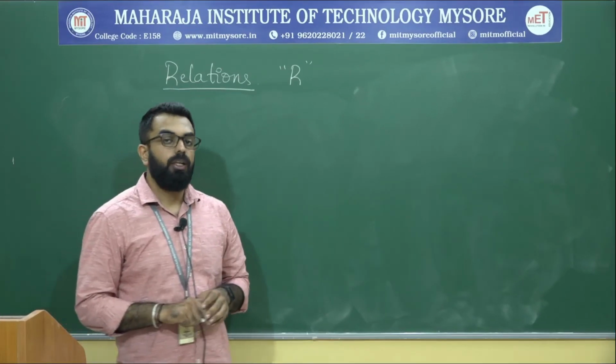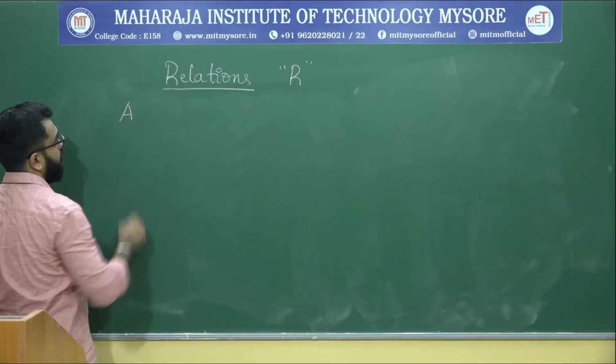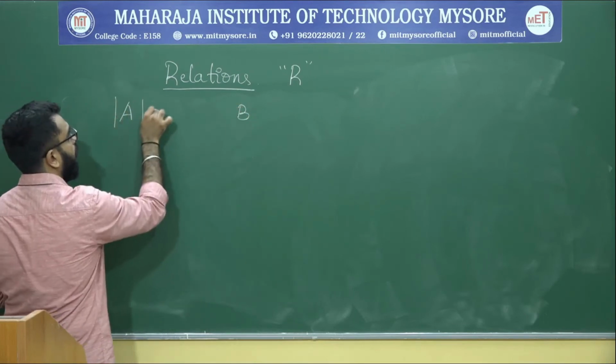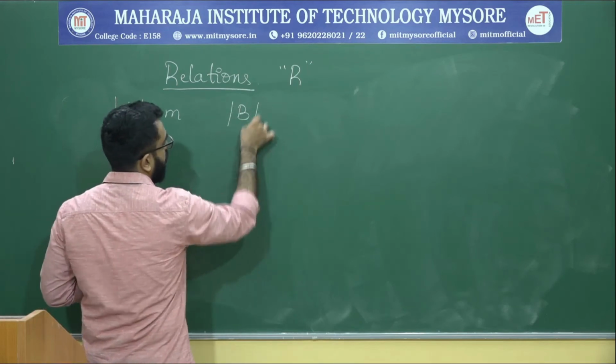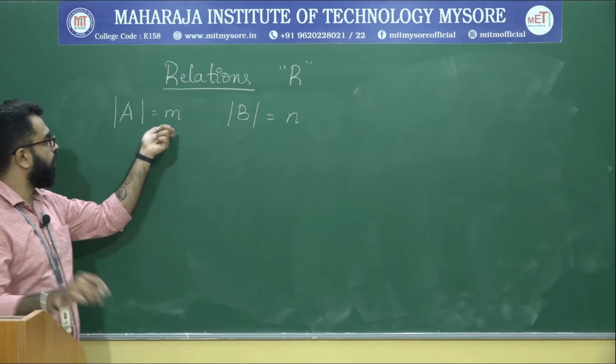Now, moving on, if I have two sets, set A and set B, and the size of set A is M and the size of set B is N. For example, we will take the generalized form here.